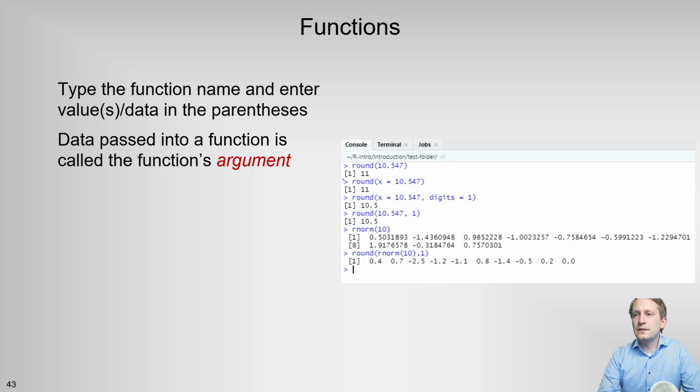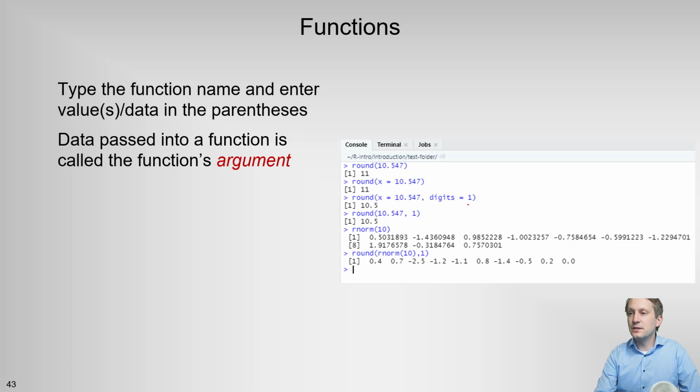See, on the right hand side, we have a very simple example. We have a function called round. That basically rounds numbers, and it rounds 10.457 to 11. So by default, it seems to round to whole numbers. I can see that round also has another argument called digits. If you set that to 1, it rounds the number to 10.5.